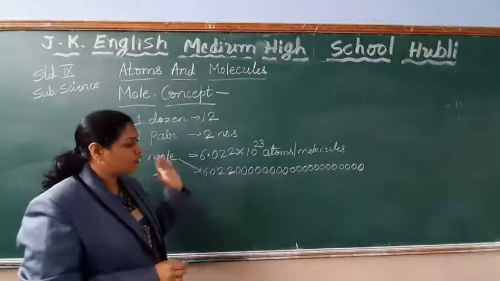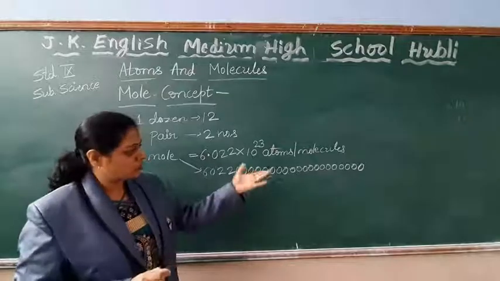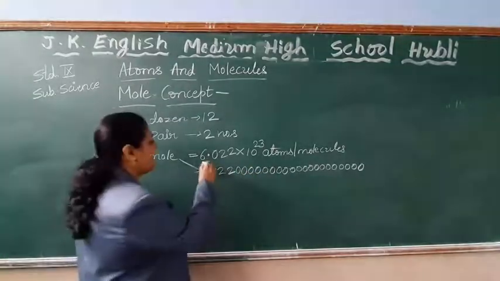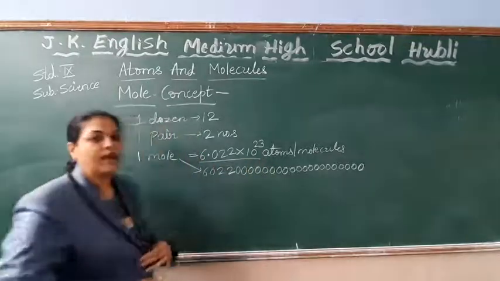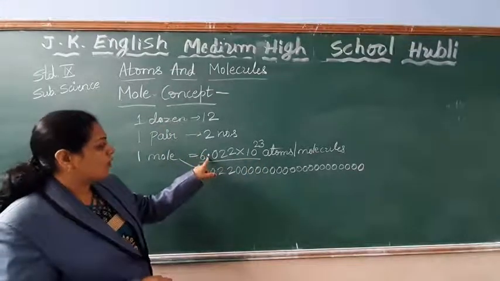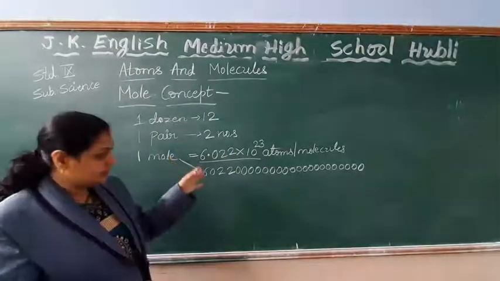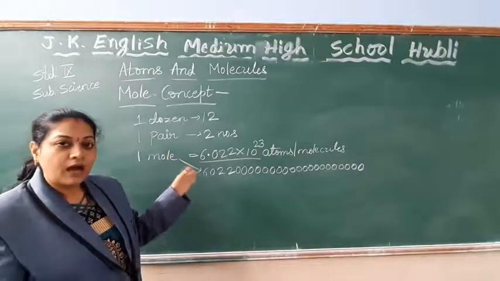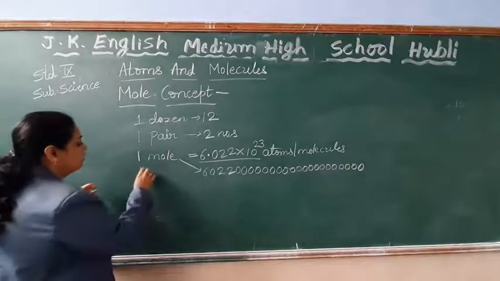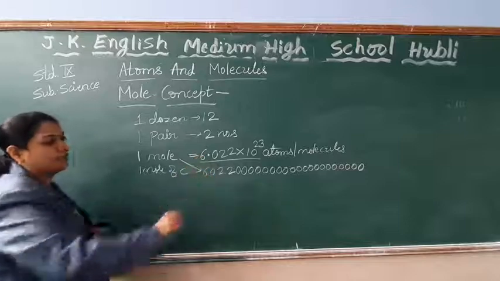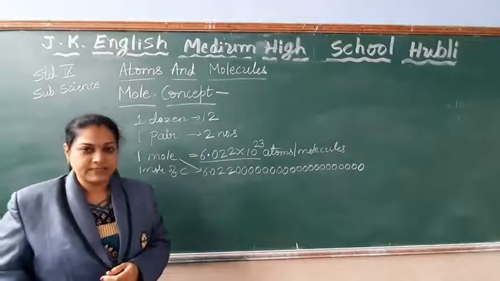It is very difficult to remember and write these numbers, and if 1 digit is missing it is wrong. So we have simplified it as 6.022 into 10 to the power of 23 atoms. If I say 1 mole of carbon, this many atoms are present.